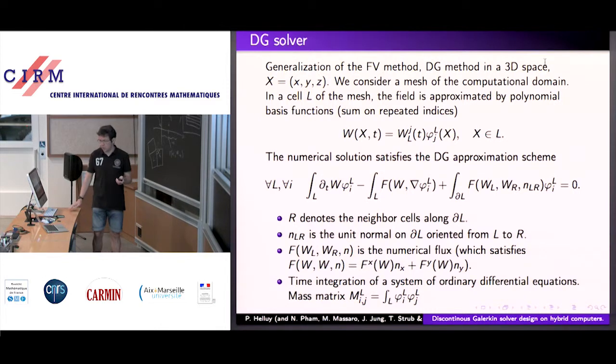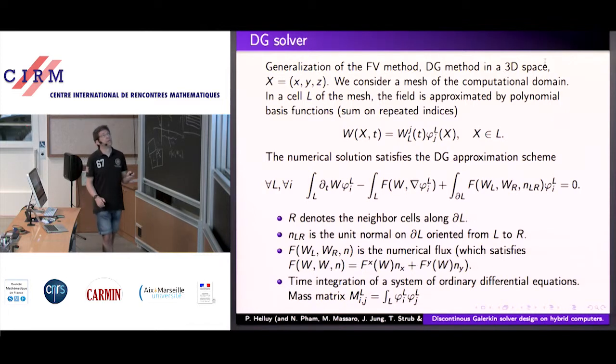So we impose that for each cell L and for each basis index i, this weak formulation is satisfied. So what you have in this weak formulation here, you recognize an integration on the boundary of the cell.